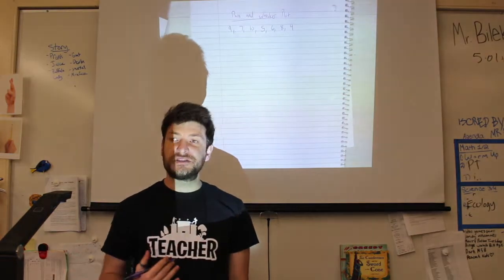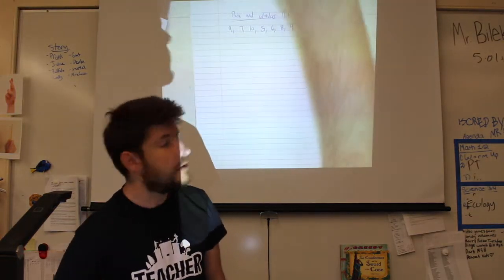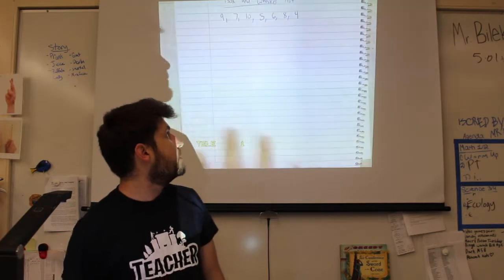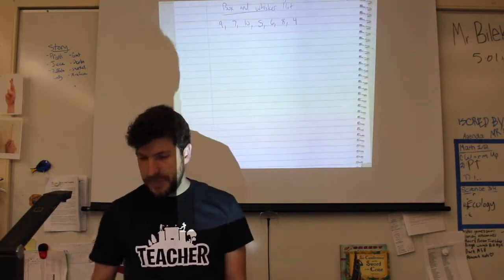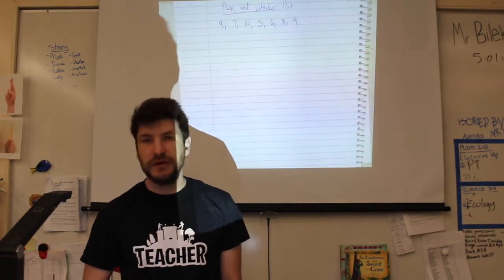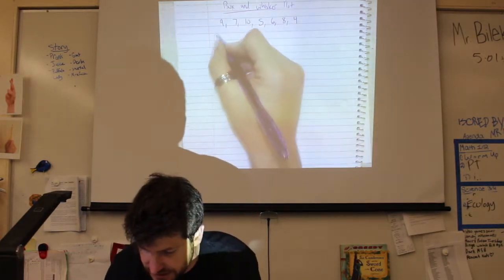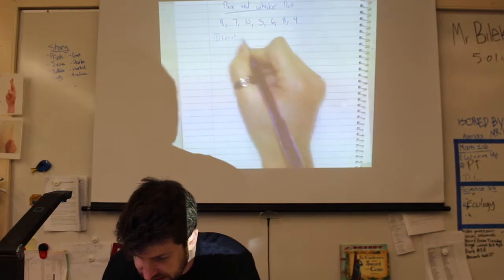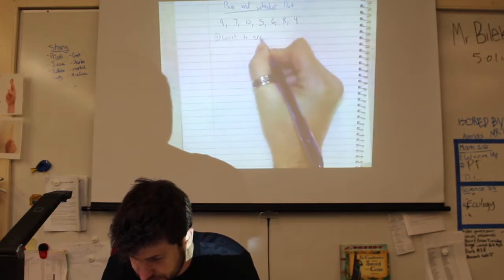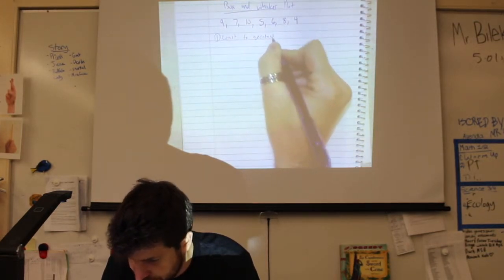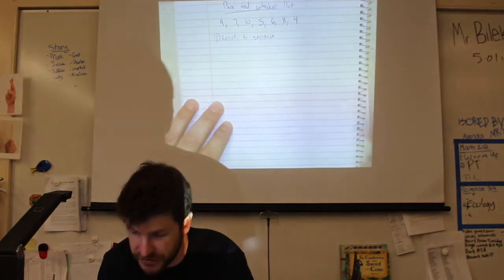I'm going to go through each step individually with you, and then we're going to make a box and whisker plot. The first step you need to do is arrange your numbers in order from least to greatest. So step 1 is least to greatest. Go ahead and do that for me now.